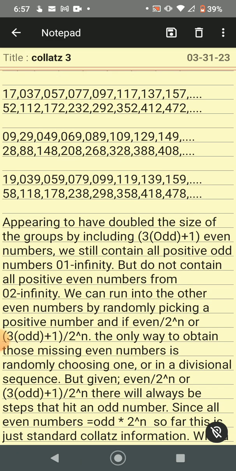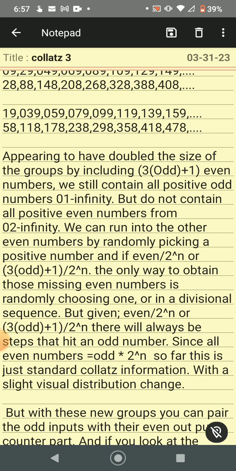Appearing to have doubled the size of the groups by including 3 times odd plus 1 even numbers, we still contain all positive numbers 01 to infinity, but we do not contain all positive even numbers from 02 to infinity.